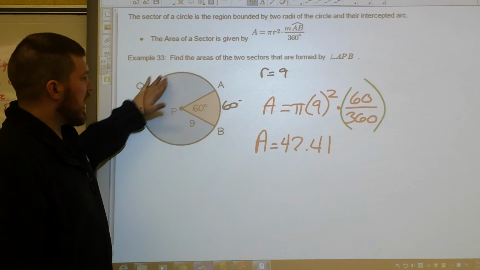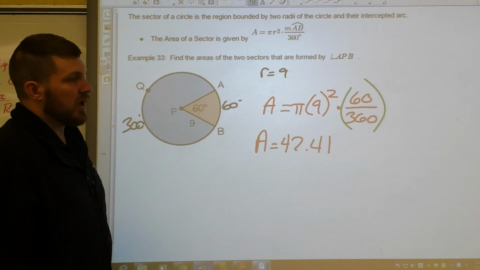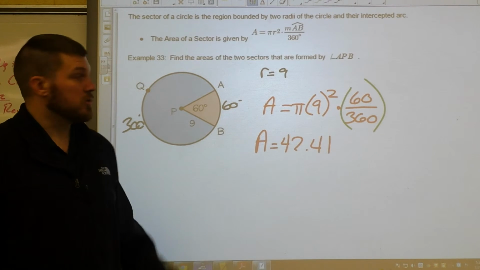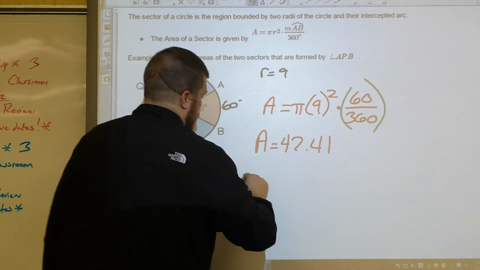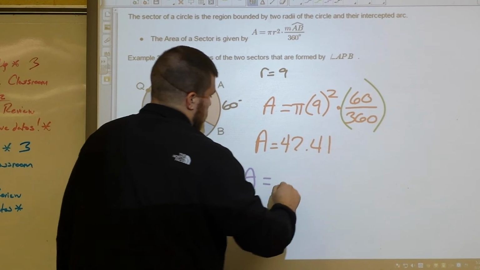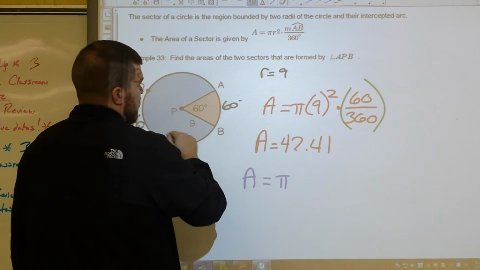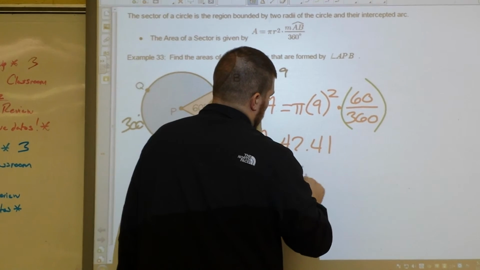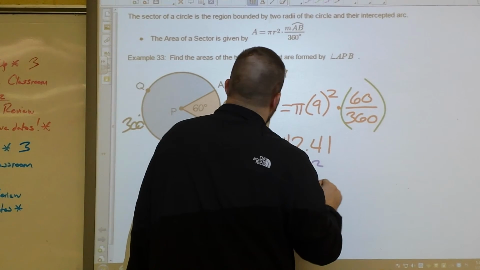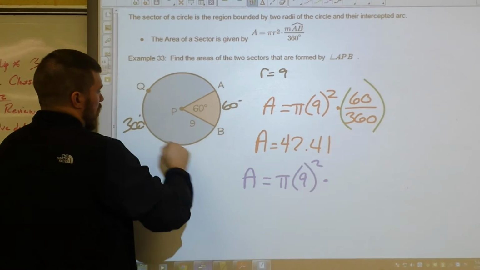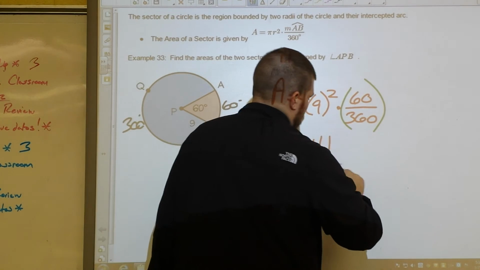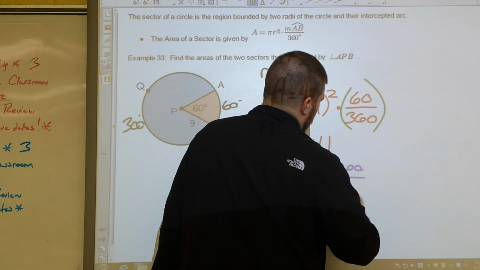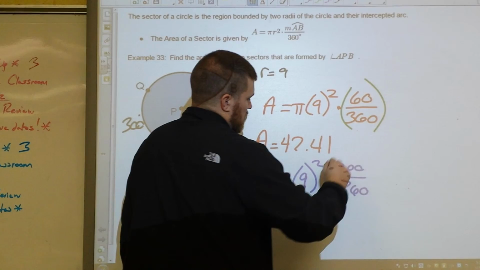Now let's find the area of the blue piece of pie. Obviously, it should be bigger than 42 because it's a bigger sector. So I'm going to use the same formula. Area equals pi times the radius squared, radius was still 9, times the measure of the arc that's made by the sector, in this case it was 300, divided by 360, because that's the total circle.